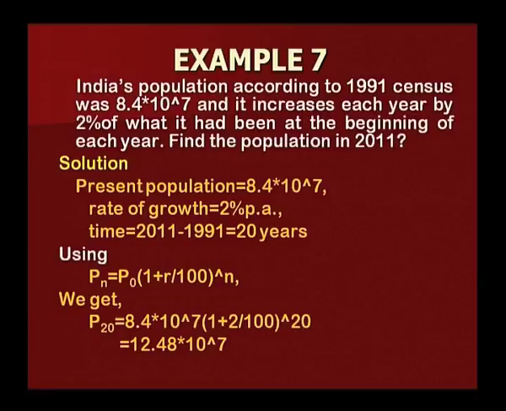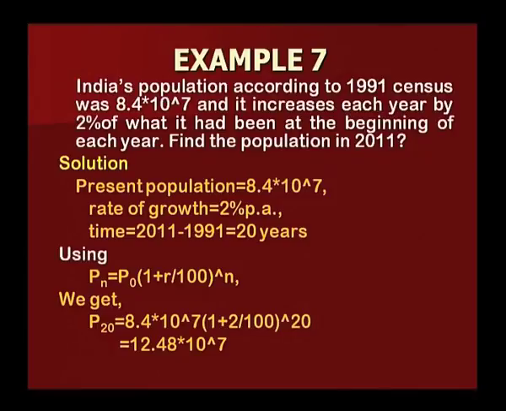Example 7. India's population according to the 1991 census was 8.4 multiplied by 10 to the power 7, and it increases each year by 2% of what it had been at the beginning of each year. Find the population in 2011. Solution. Present population is 8.4 into 10 to the power 7. Rate of growth is 2% per annum. Time is 2011 minus 1991, that is 20 years.